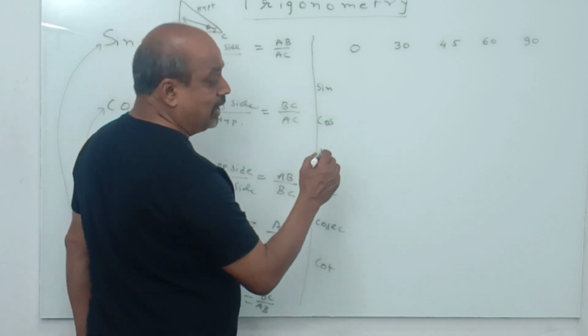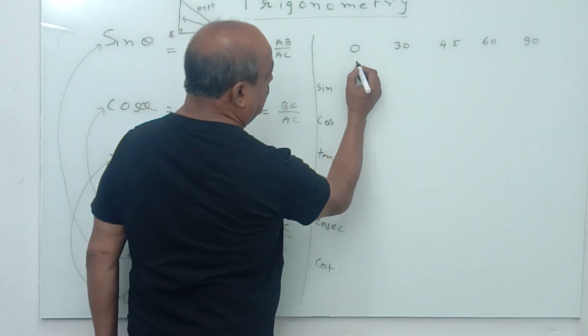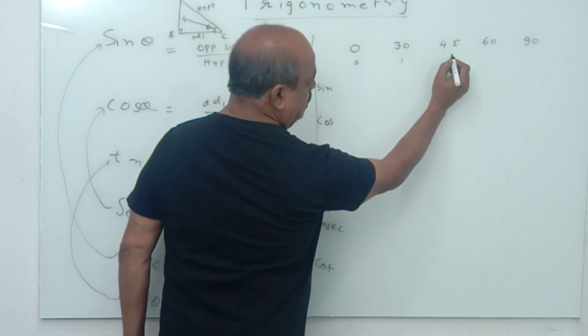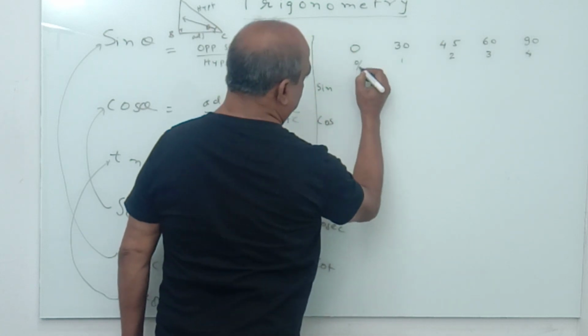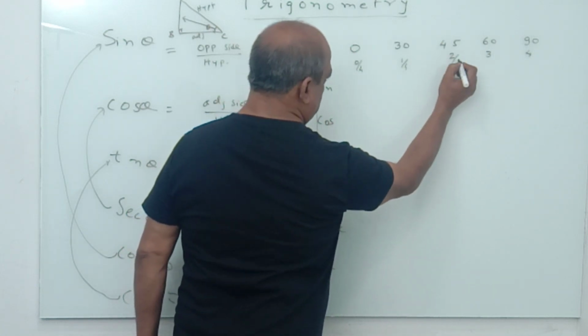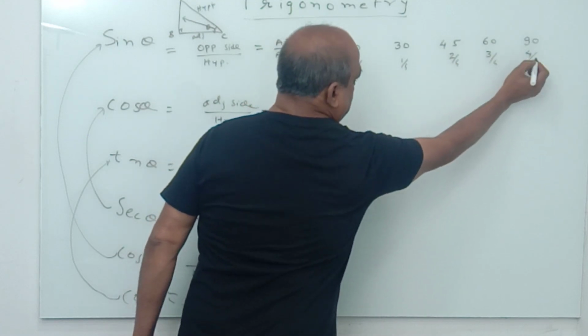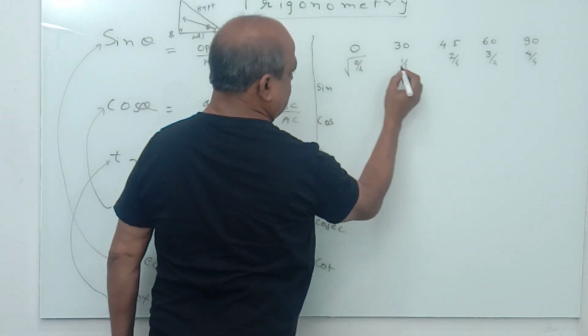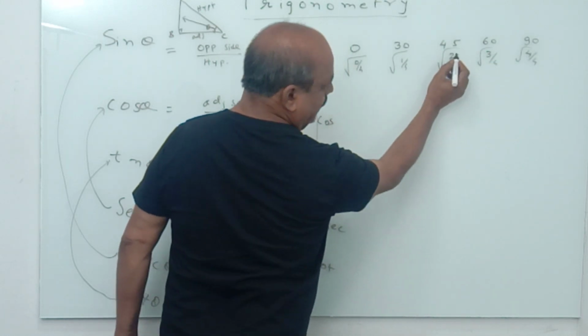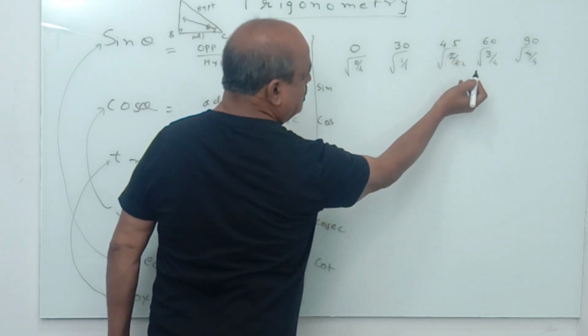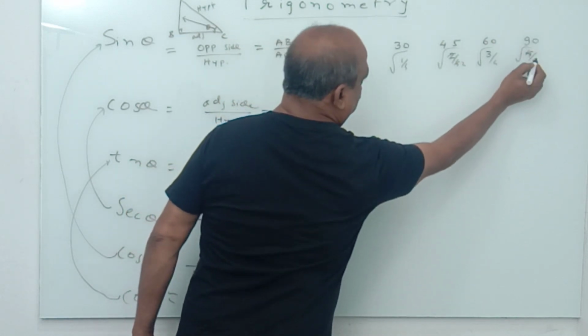The smartest way is that you write down 0, 1, 2, 3, 4, divide by 4 and take the square root of this. So clearly you can cut off this 2 with this and this 4 with this.